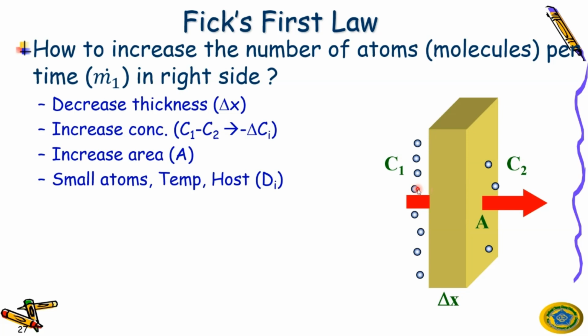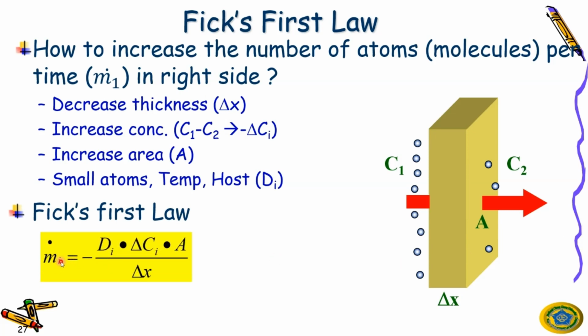And if you increase the temperature, that will work. And you change the structure of the host from FCC to BCC, for example. We put this all together and use D, called the diffusion coefficient, as a factor here. So if you put these four together, you can make an equation like this.